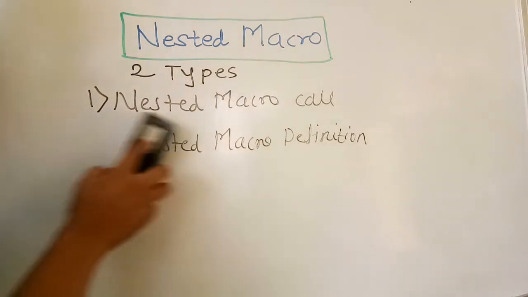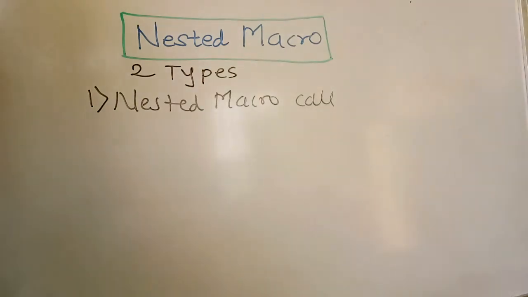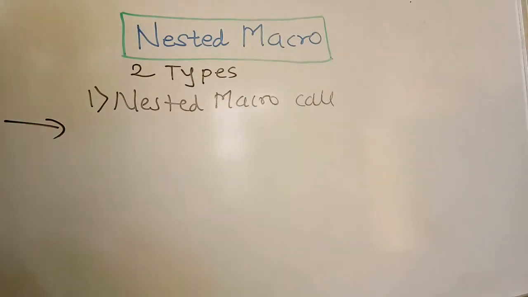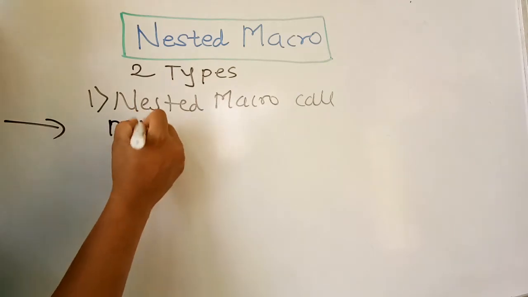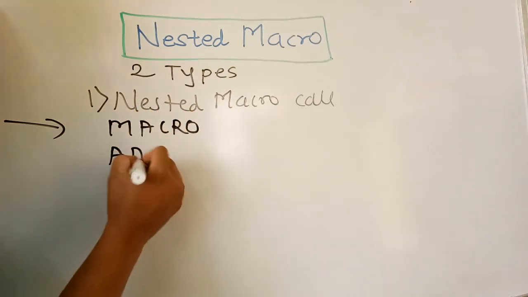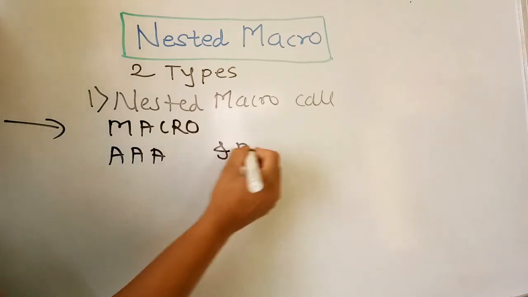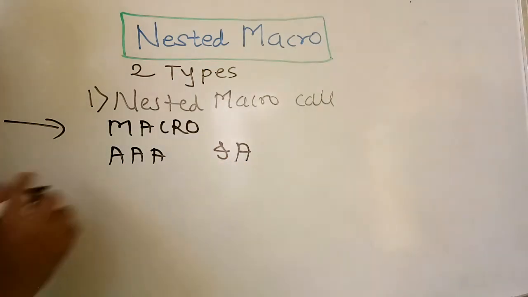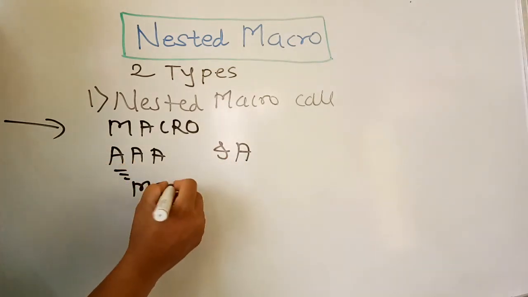First of all, we will see the nested macro call. When one macro calls another macro, it is called a nested macro call. Now we will take one example. For example, there is one macro and you are specifying one function, that is AAA. This is the one macro and it has its parameter &A. Then we will end this macro.